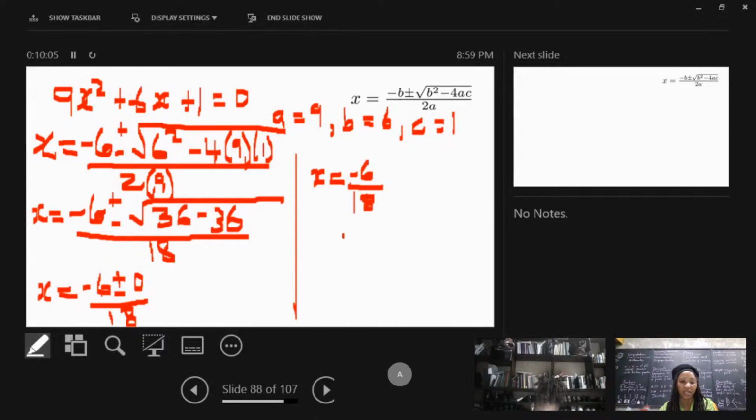And both of them will give the same, right, because plus 0 and minus 0 is the same. So x will be equal to negative 1 over 3. Negative 1/3.